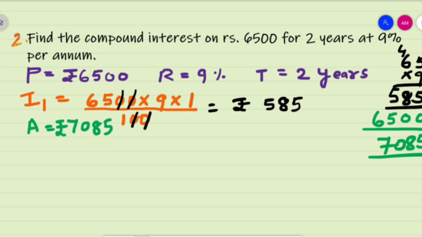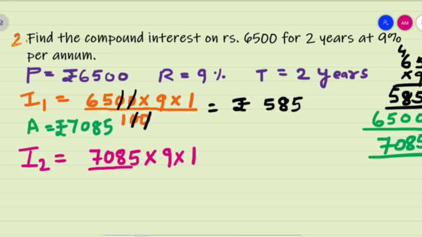So the principal for the second year is 7085, and you will calculate the interest using the formula P into R into T by 100, but here it will not be 6500 as P, you will take the principal as 7085 multiplied by R, which is 9, into time, again 1 year, divided by 100.